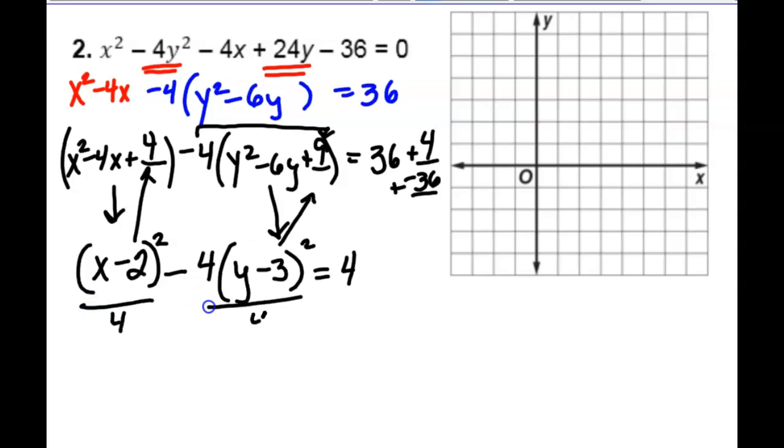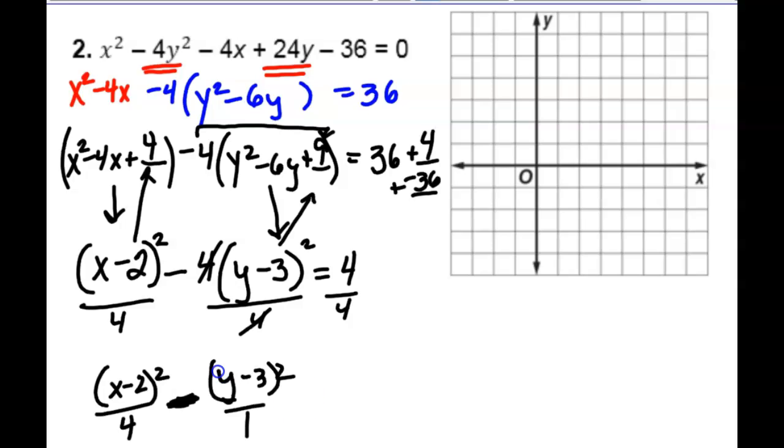And if I divide everything by 4, I end up with x minus 2, quantity squared over 4, minus, not an equal, sorry, y minus 3 quantity squared over 1 equals 1.